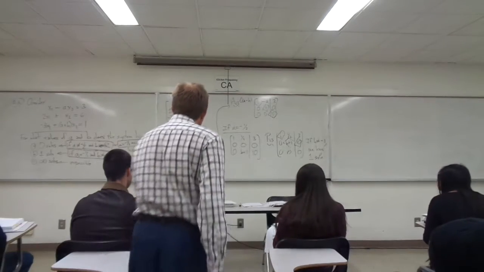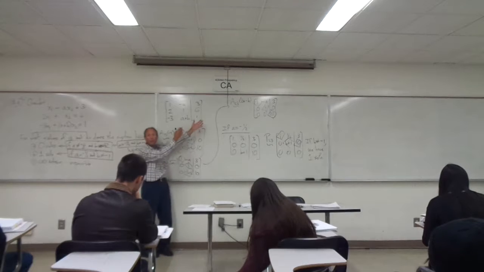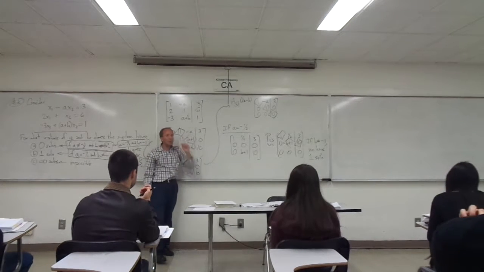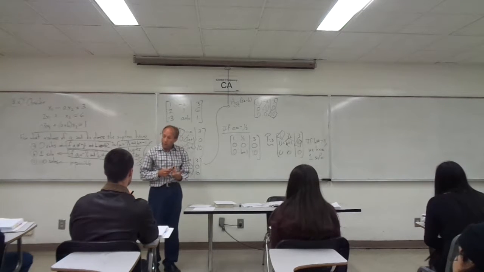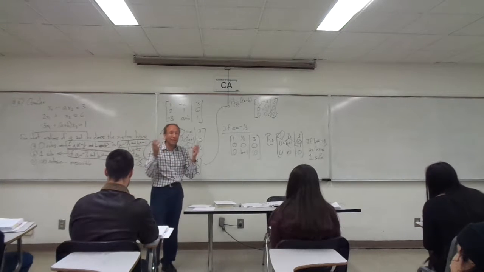So I mean, it's obviously possible to make computational errors with doing EROs. When it comes to the test, what you need to know about that is that I tend not to penalize people too harshly for what I would consider silly mistakes.